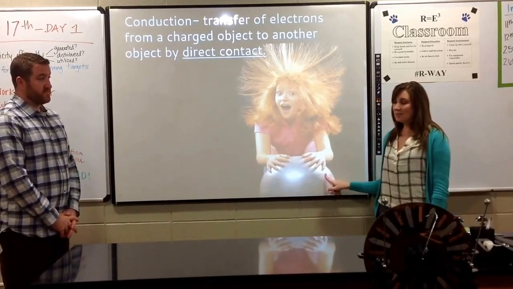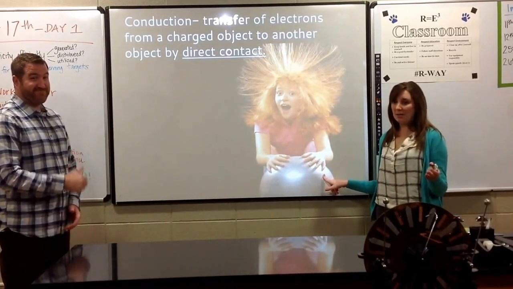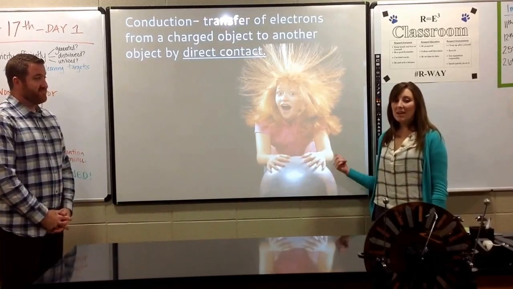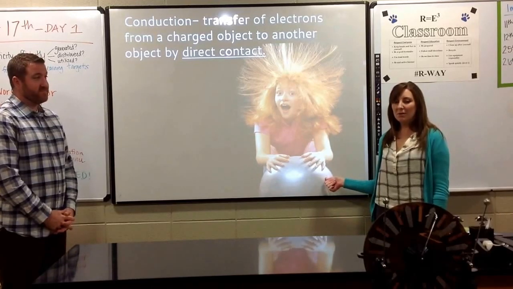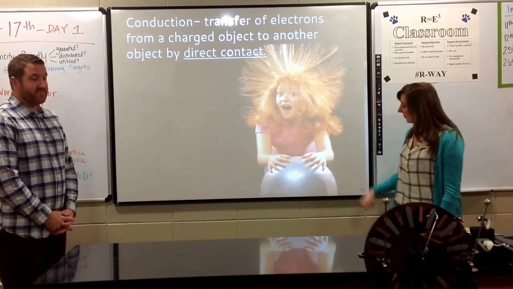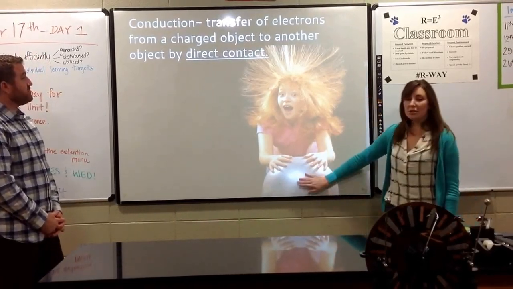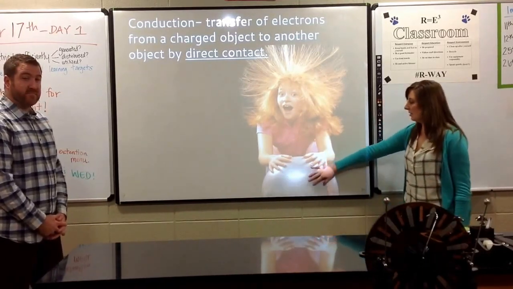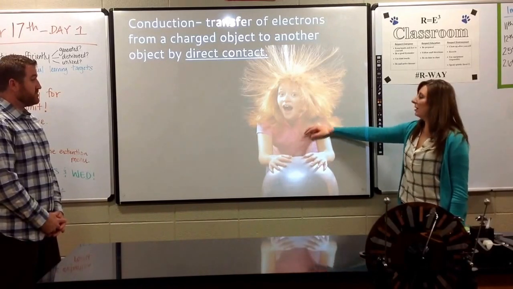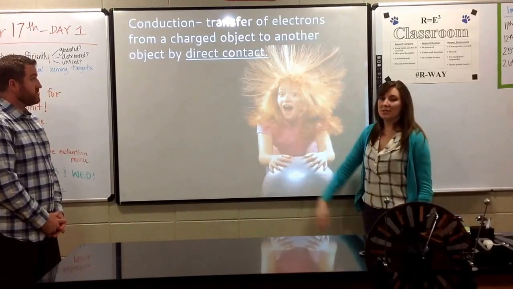We have a couple of these, so we'll be doing a few labs in class where you'll get to work with some of these. And you may have seen them at museums before if you've been when you were younger. So here she is directly touching the top of the Van de Graaff generator, and the electrons inside are transferring to her, creating this static electricity in her hair.